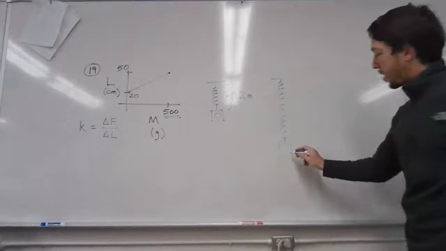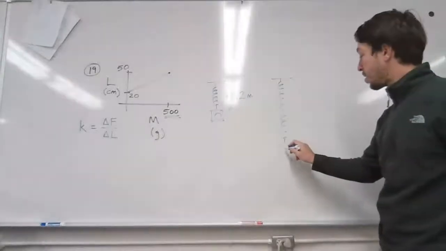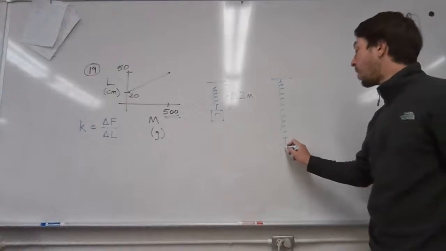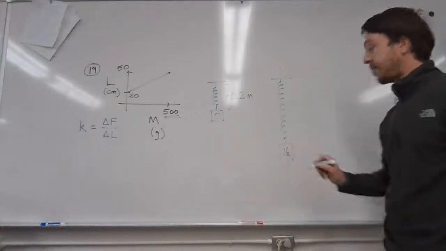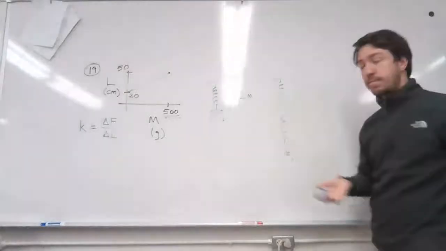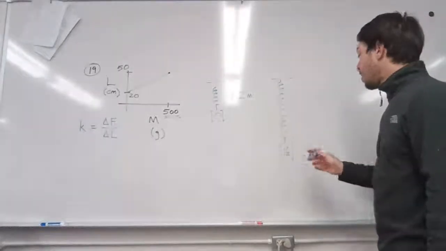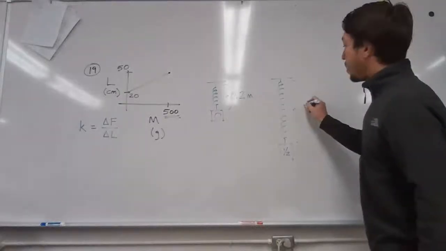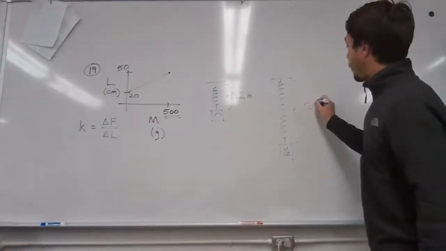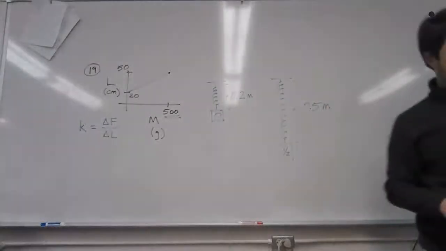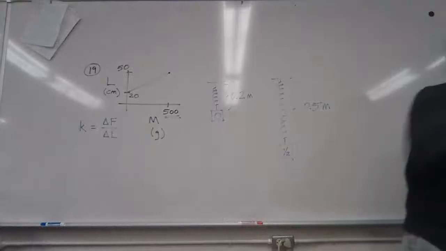How many kilograms are attached? 500 grams, 0.5 or 1/2, however you want to think about that. It's divided by 1,000, right? It's grams to kilograms. So half a kilogram, and then the spring was 0.5 meters.